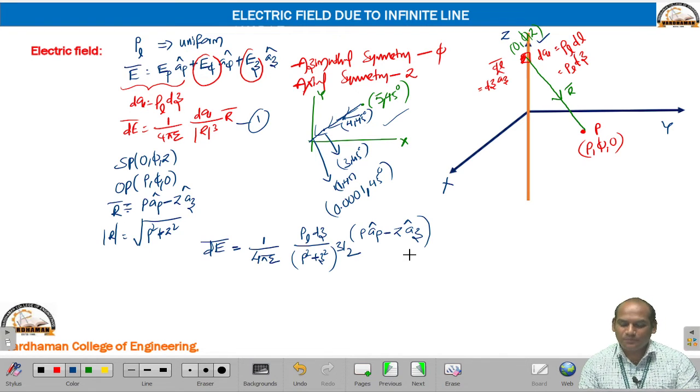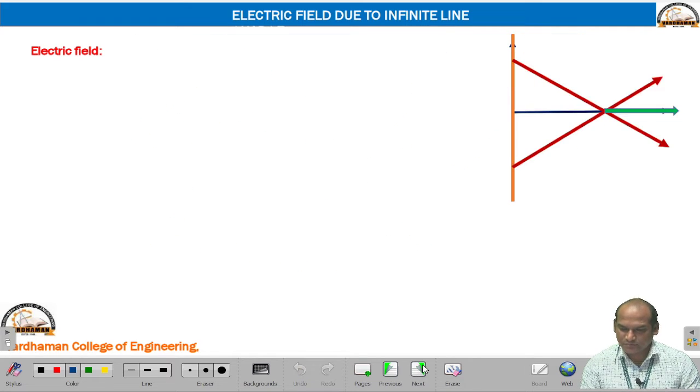Before going further, the same diagram taken previously can be considered like this also. The x axis is coming out of the plane, and this is the y axis and this is the z axis, and this is the point 0 comma phi comma z, which we have just seen.